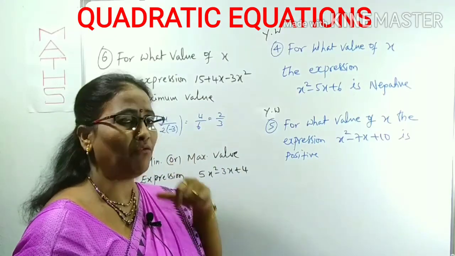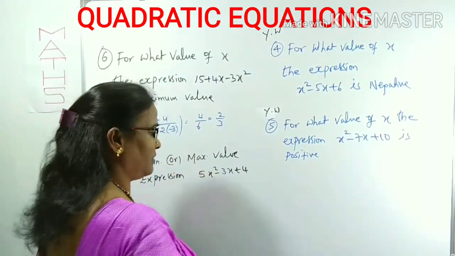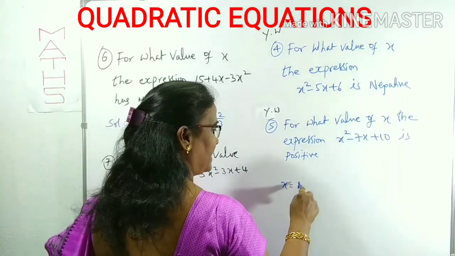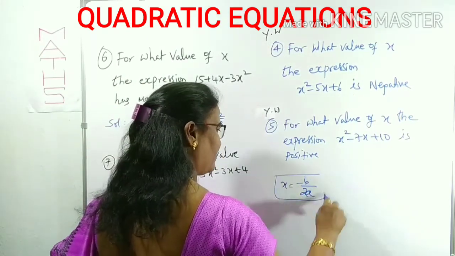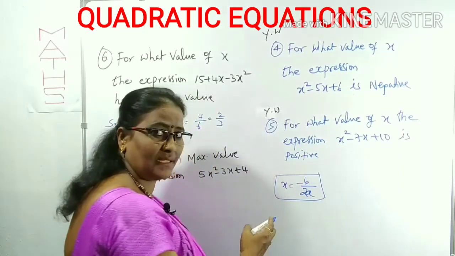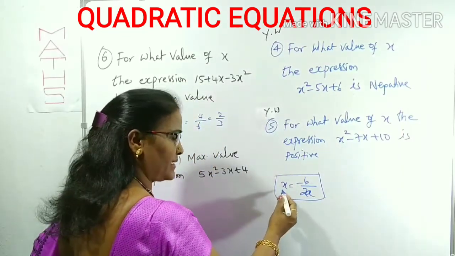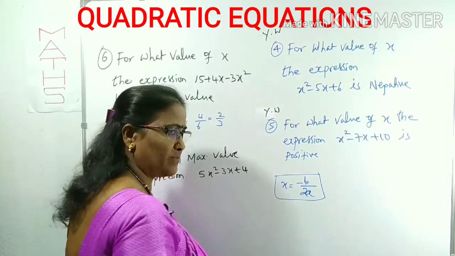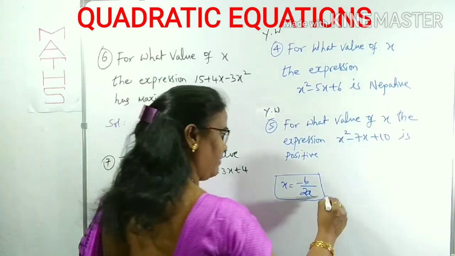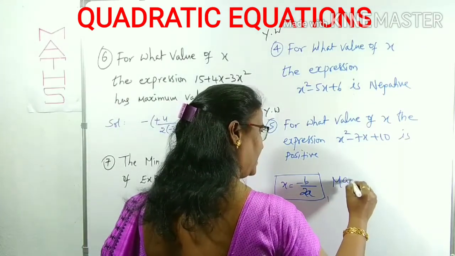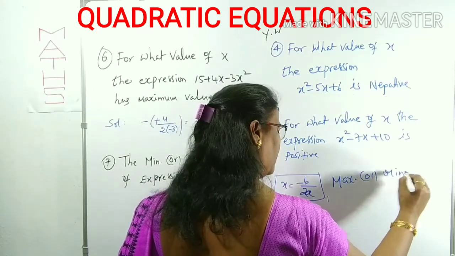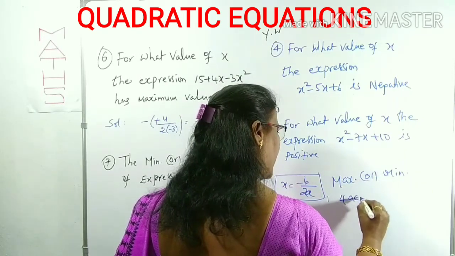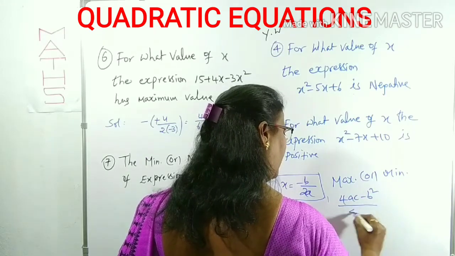For what value of x is the expression either maximum or minimum? x is equal to minus b by 2a. You may be asked for the x value, or for the maximum or minimum value, which is 4ac minus b square by 4a.